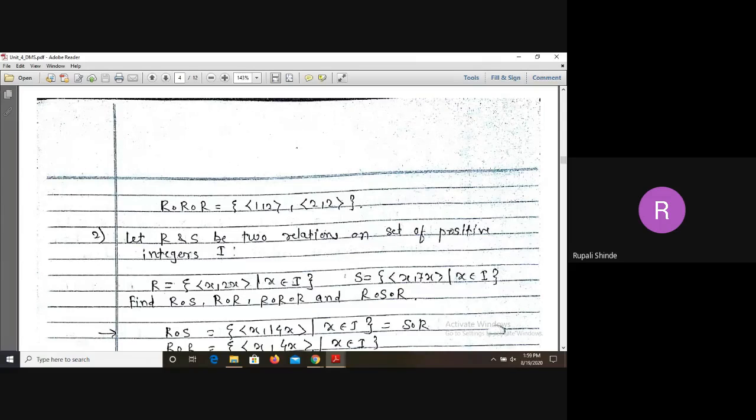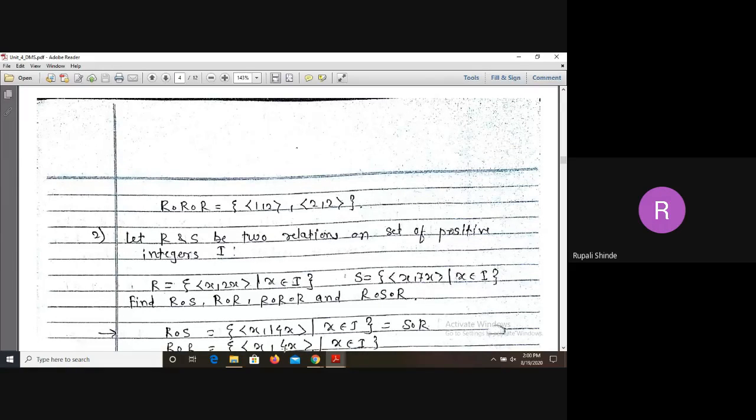Now this 2x we need to find in the first element of the second ordered pair. Now x comma 2x and x comma 2x are the two ordered pairs. So the first ordered pair's second element is 2x. So we have to multiply the second ordered pair by 2. So that becomes 2x comma 4x. So 2x will get cancelled. You will get x comma 4x. So that is the value for R composition R.